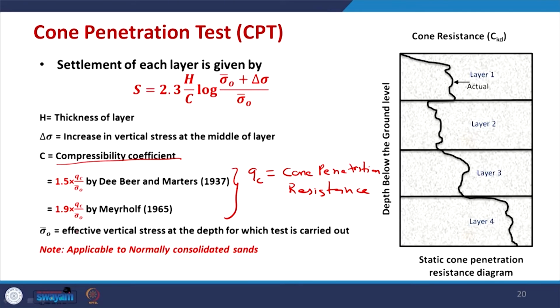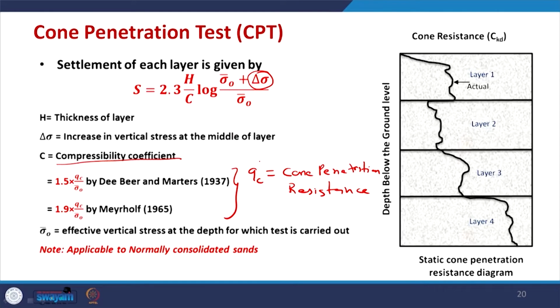In this equation, H is the thickness of the layer, sigma naught bar is the effective overburden pressure at the depth, and delta sigma is the increase in vertical stress at the middle of the layer due to this loading.